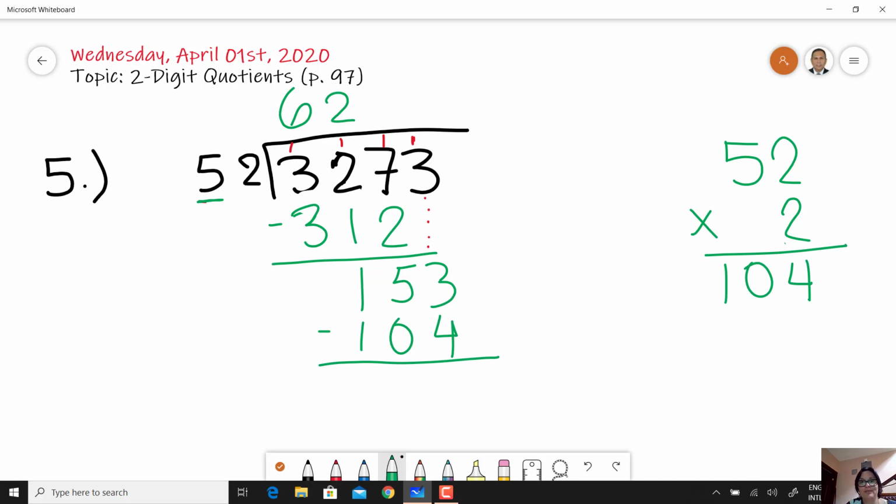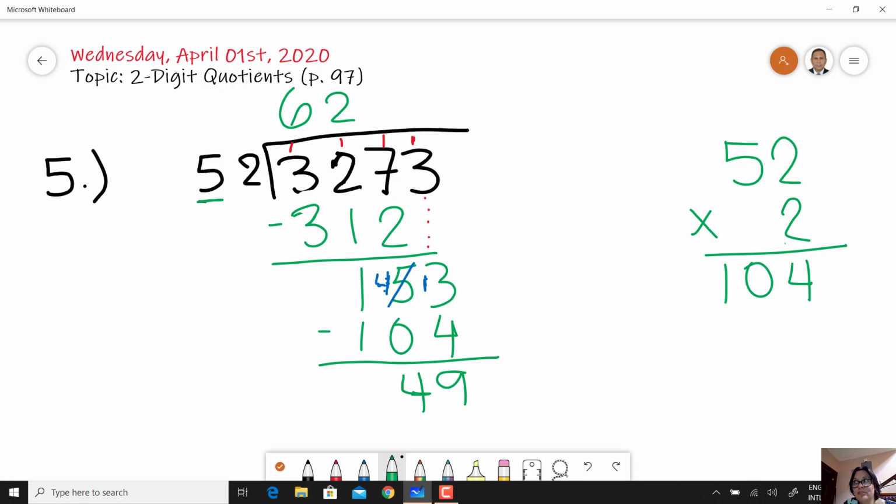It's not possible, right? Because 3 is less than 4. So 5 becomes 4, because it's going to give a unit to number 3, and 3 becomes 13. 13 minus 4? Okay, 9. And 4 minus 0? 4. And 1 minus 1, 0.